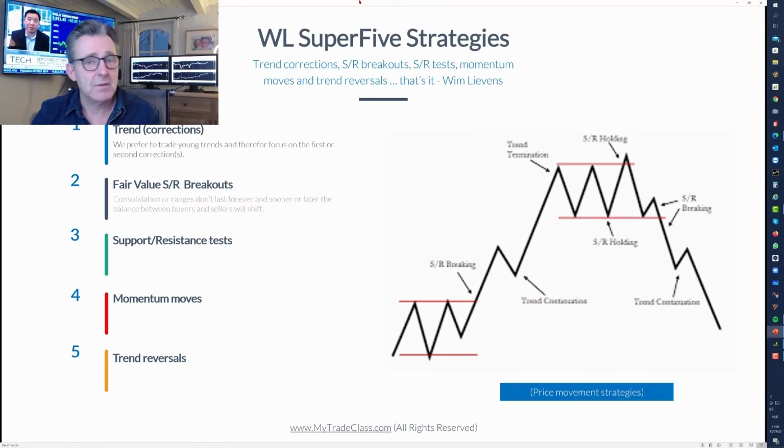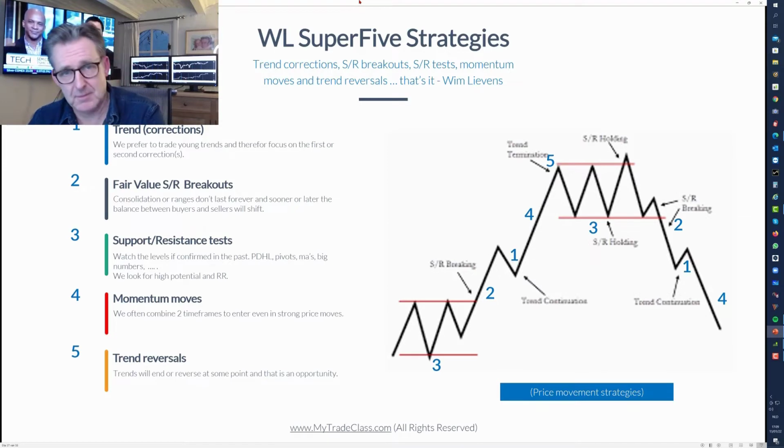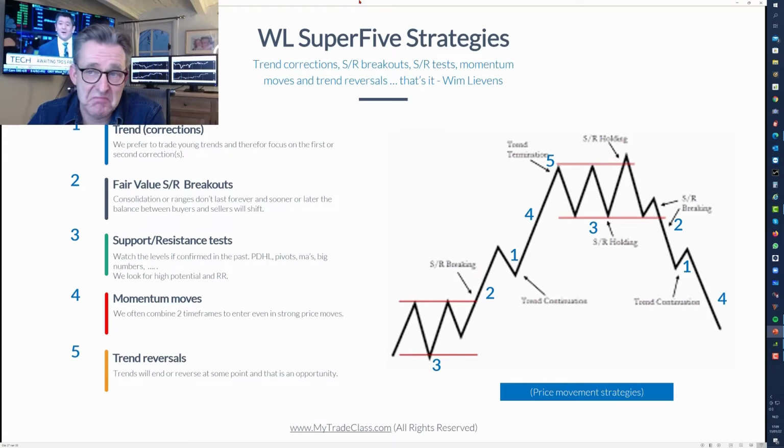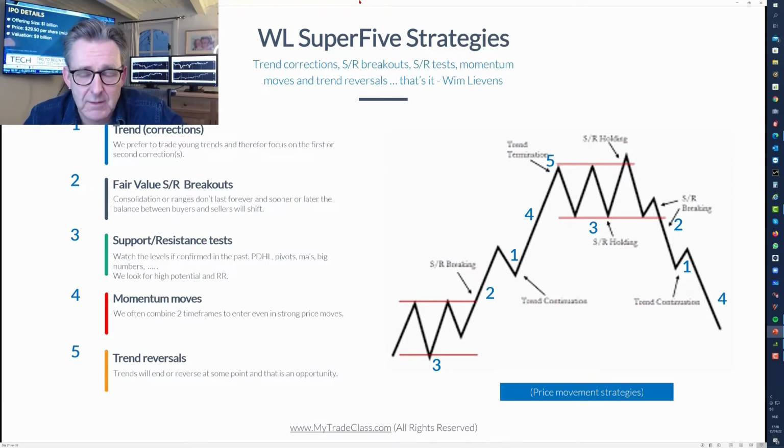Now, the strategies. And again, this simple picture. What can the price do? It can correct in a hopefully beginning trend, it can break out, it can test support and resistance areas. It can do these breakout impulse moves, momentum moves, or trends can reverse. There might be other moves, but I would really have to look for those because I honestly wouldn't know what they are.